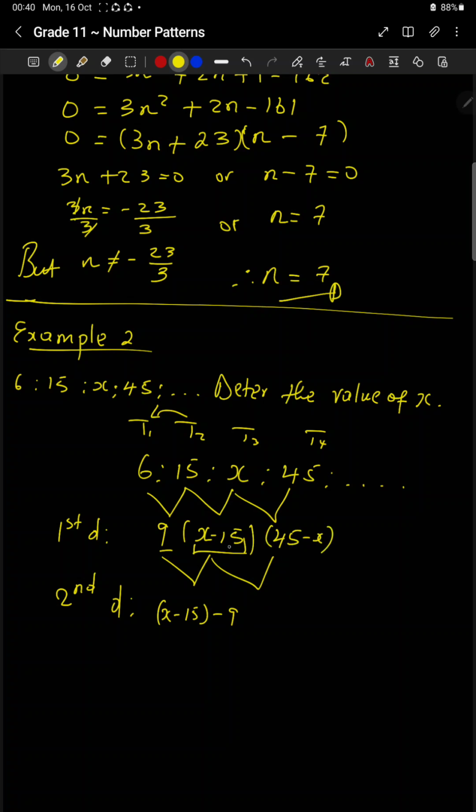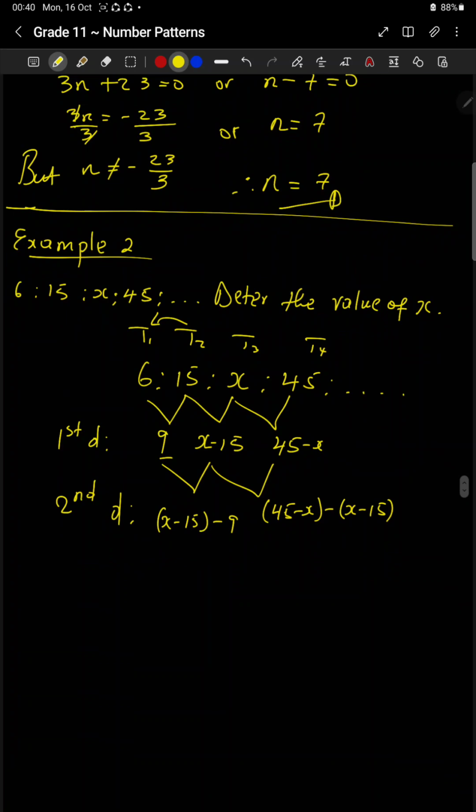All right, so let's go. It's going to be 45 minus x minus x minus 15. All right, so now how do we find the value of x?